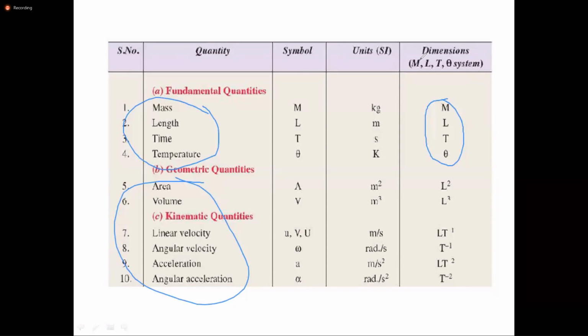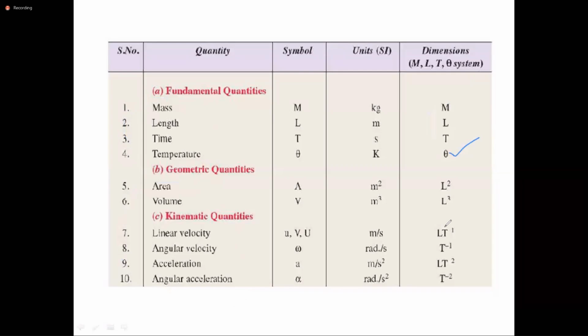That theta indicates temperature. Whenever there is a temperature, that means whenever there is incorporation of energy, then theta will also be incorporated, right? So if you take temperature, it is theta. These are the fundamental dimensions.